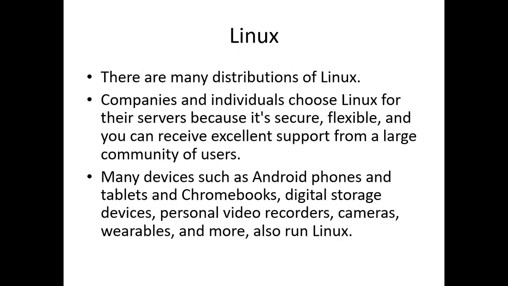And then there are many distributions of Linux. In terms of distribution, it means that we have different types of Linux. We don't just have one Linux operating system. We have a lot. This is because a lot of people came up with their own operating system, and this is because the source code is free. You are able to get it and manipulate it to come up with your own operating system.